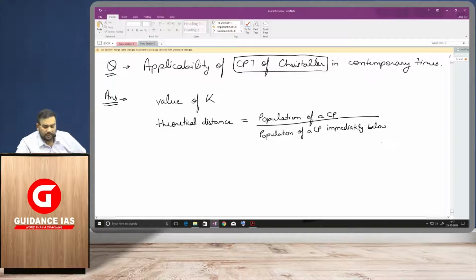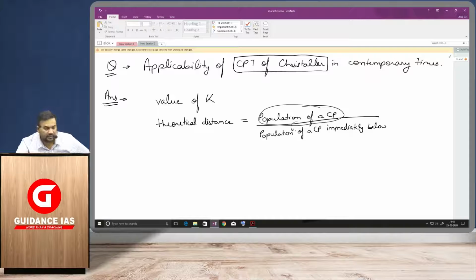So it talks about the ratio of how much this population is, how many times of this population. This ratio is what we call the theoretical distance.